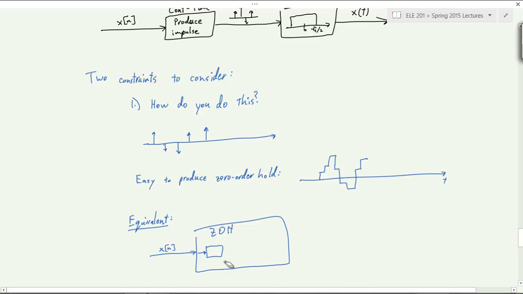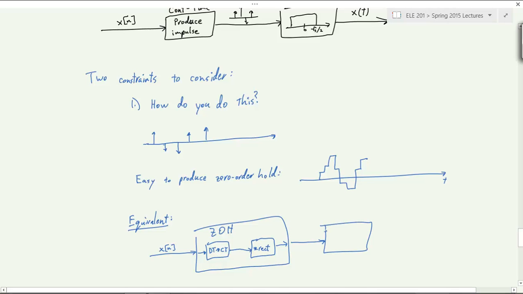We do our actual discrete time to continuous time process, this above thing that we said we can't do. Imagine that we did it, and then we fed that into a convolution with a rect. We've already discussed that that's precisely what a zero-order hold is. So our zero-order hold, which we can build, can be thought of in two parts. We're not going to build it in two parts, but it can be thought of that way.